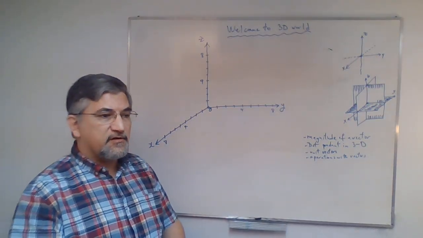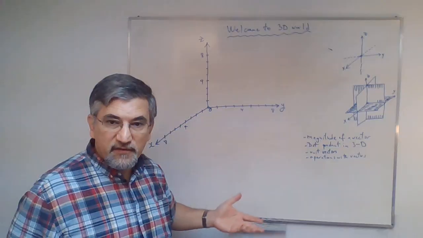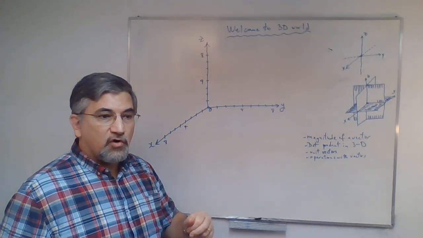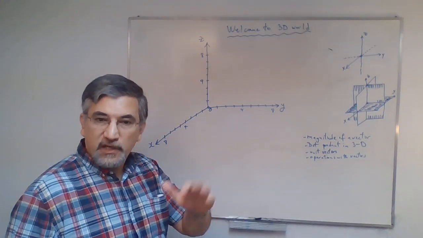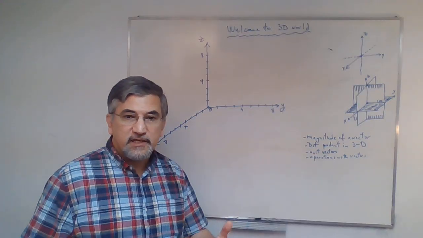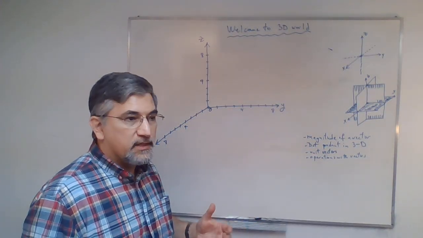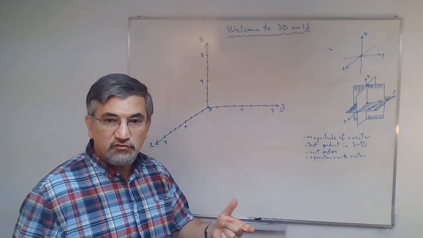Instead of cutting the plane into four quadrants, quadrant 1, 2, 3, 4, by drawing two perpendicular axes, the x-axis and y-axis, this time we are using a third axis and dividing the space, actually the space of this room, into different octants, as we call them, not quadrants.